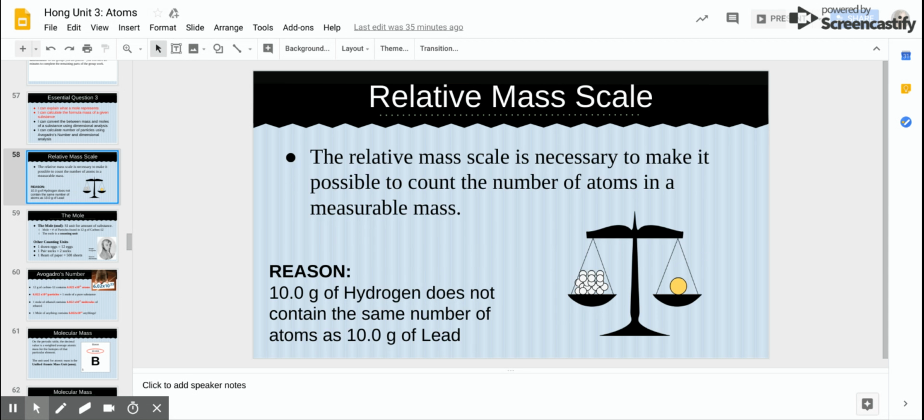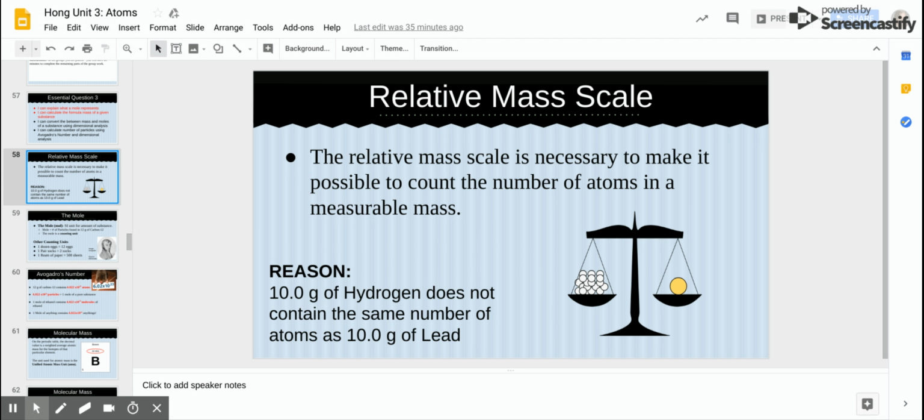So, first of all, when we look at the relative mass scale, that just looks at, in general, when we want to count the number of atoms in a particular compound, we all know that atoms are extremely small.